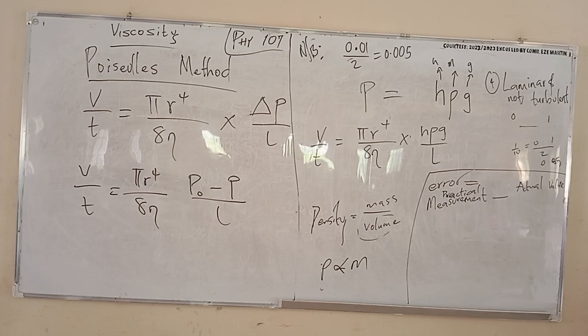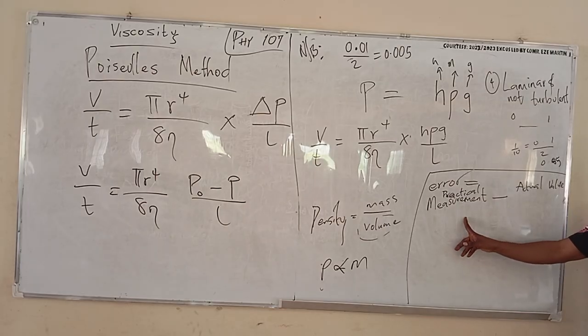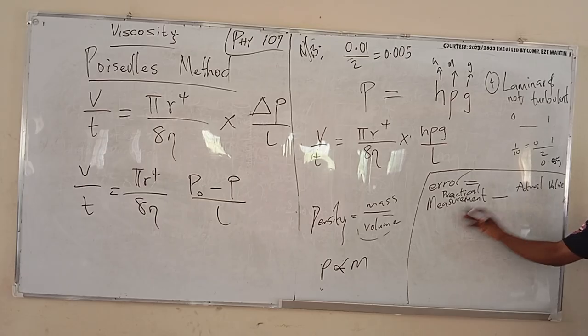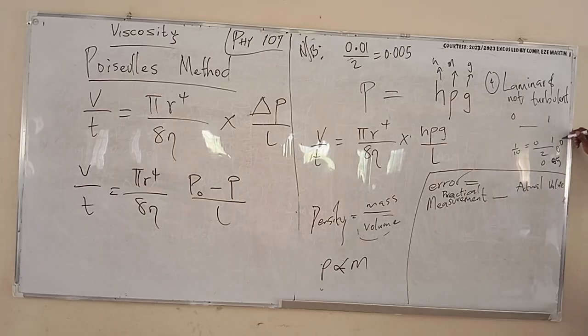If I know that the standard error of this is 0.05, and I did a practical using my own measurement, I use my vernier caliper to measure, do all the measurements, and I got this to be a bit more or a bit less. That simply means my practical measurement. Maybe I got it to be 0.06 or 0.07.